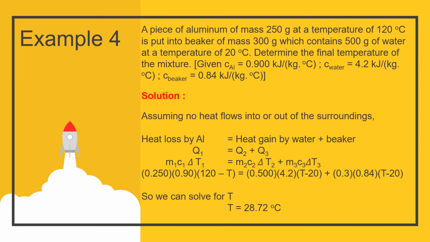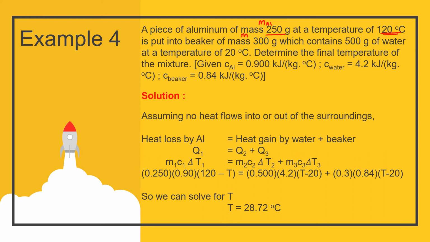Okay, so for the next example, dia bagi kat sini, a piece of aluminium of mass adalah 250. Jadi 250 ni adalah mass untuk aluminium. So dia juga bagi temperature untuk this aluminium. Is put into beaker of mass 300 gram which contains 500 gram of water.